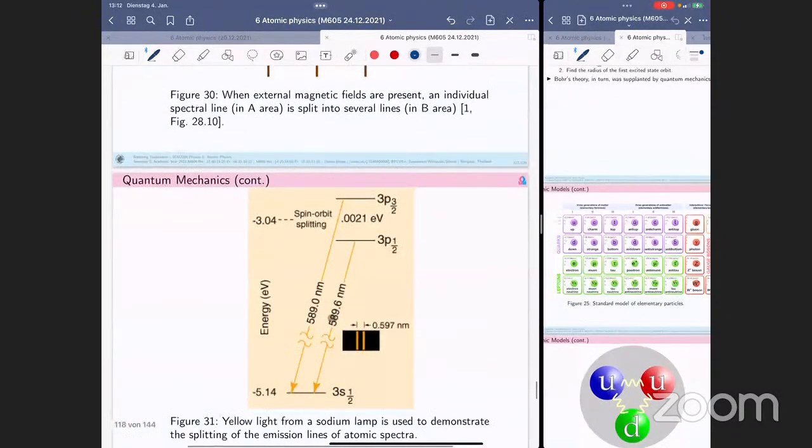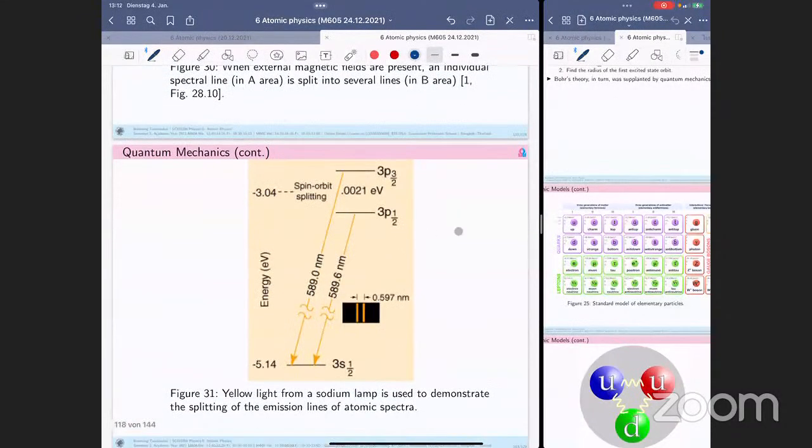Another experiment uses yellow light from a sodium lamp. They use this light to demonstrate the splitting of the emission lines of atomic spectra.